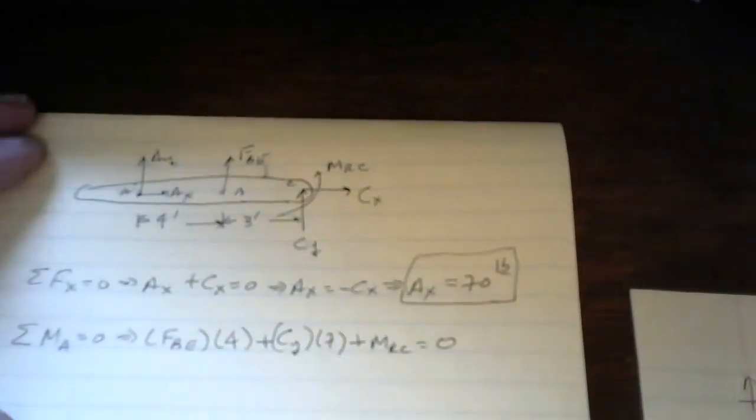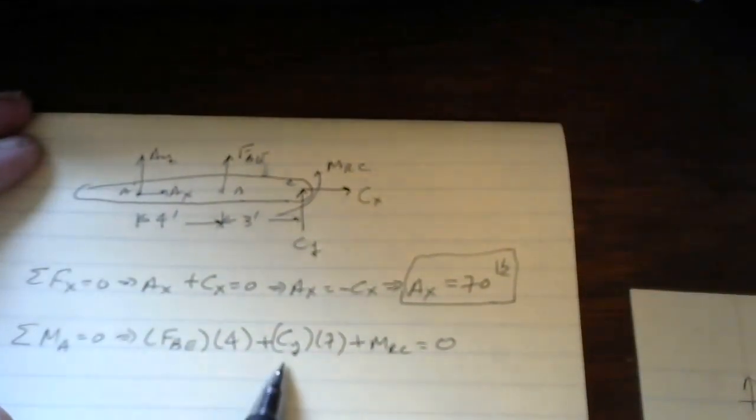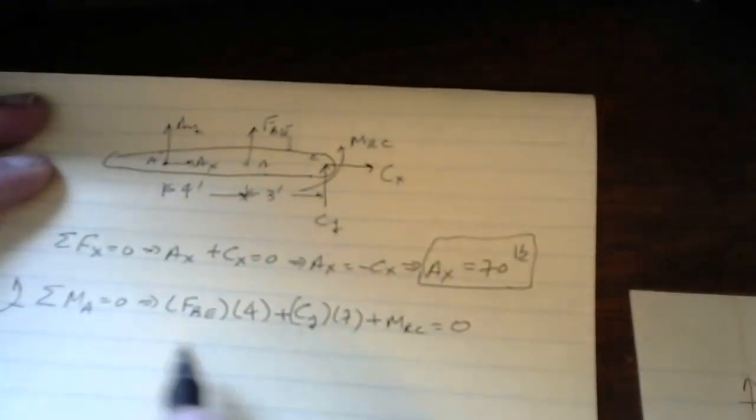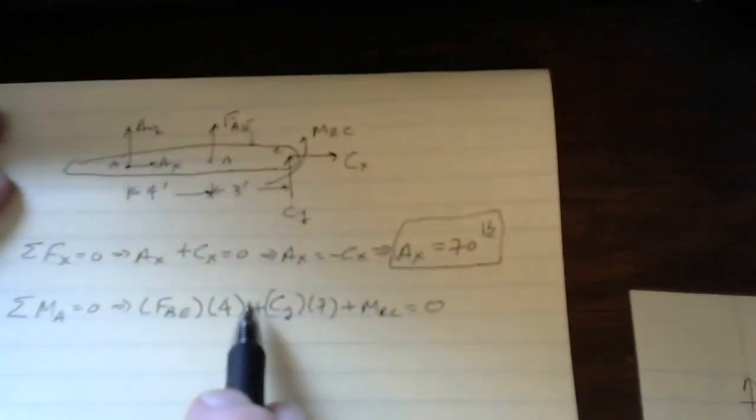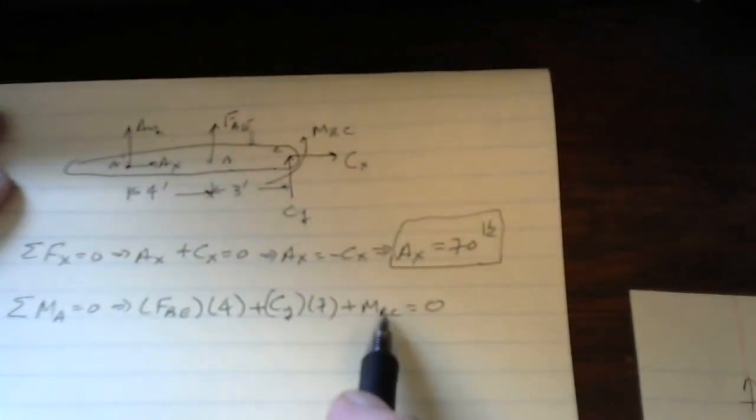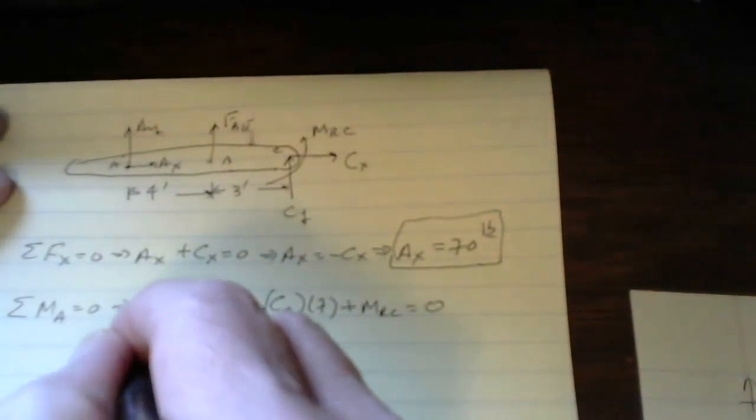Okay, so I solve this equation. CY we already know, CY is 70. So I have FBE times 4 plus 70 times 7 plus MRC, which was minus 245. Let me put the numbers in.